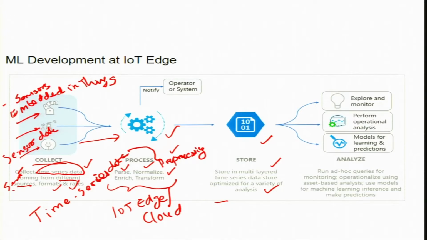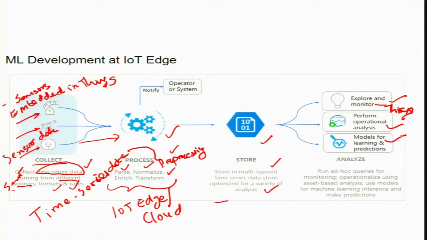Once the data is stored, then this data will be explored and put on monitoring of these things, first of all. Second, it may perform an operational analysis, that means using the dashboard you can see the progress, how the machine is working.